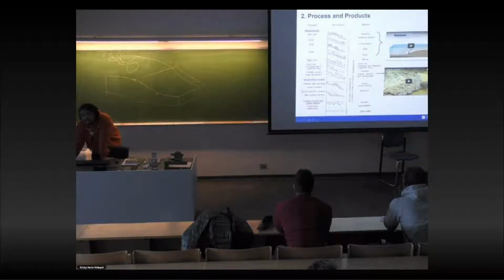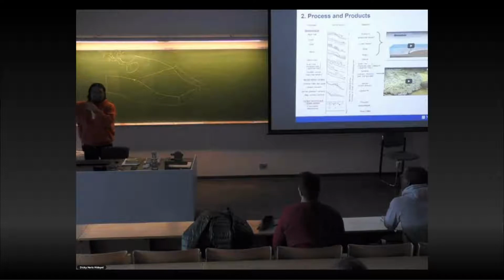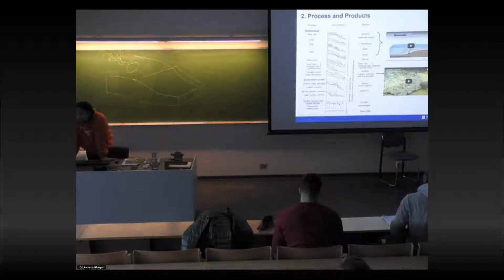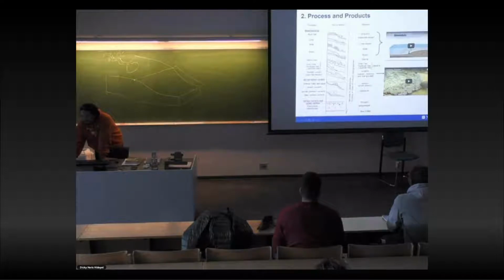In the terrestrial environment, this debris flow is also called an avalanche. If you have a snow avalanche or a landslide in a fjord, just rock fall coming, boom, that is the debris flow. And I will upload this paper, Stow 85.